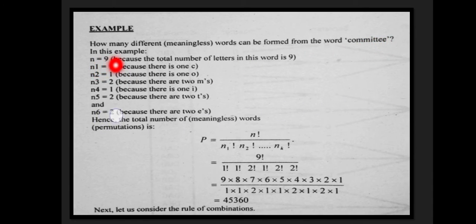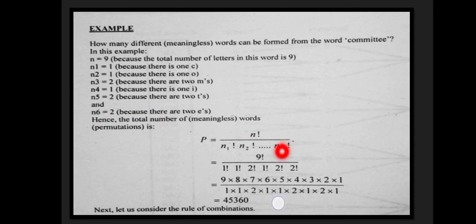Then n is equal to 9, n1 is equal to 1, n2 is equal to 1, n3 is equal to 2, n4 is equal to 1, n5 is equal to 2, and n6 is equal to 2. Hence, the total number of permutations is P is equal to n factorial divided by n1 factorial, n2 factorial, and so on to nk factorial. Here we have n is equal to 9 and k is equal to 6.